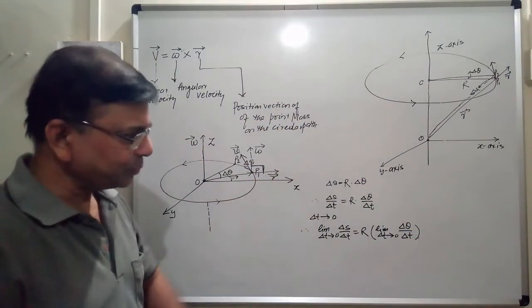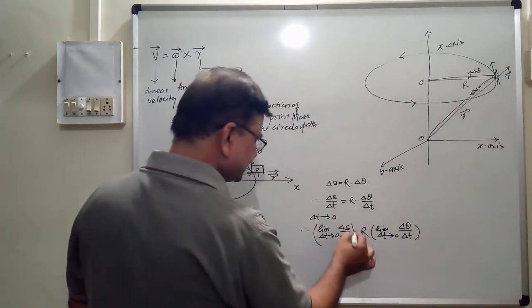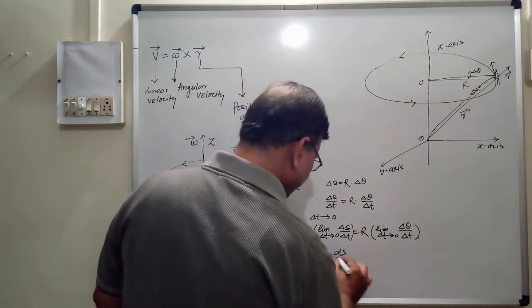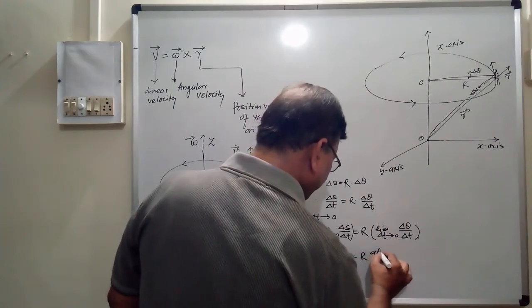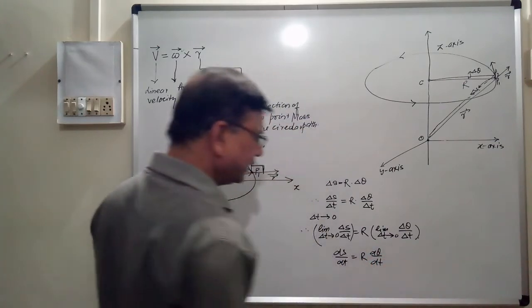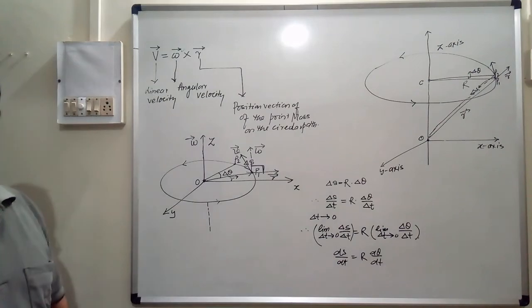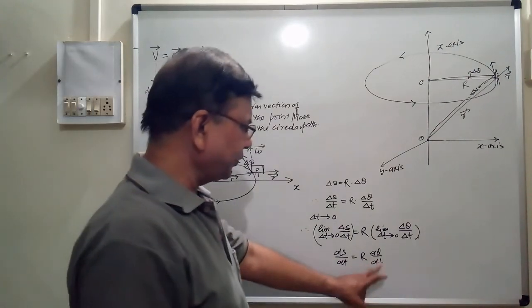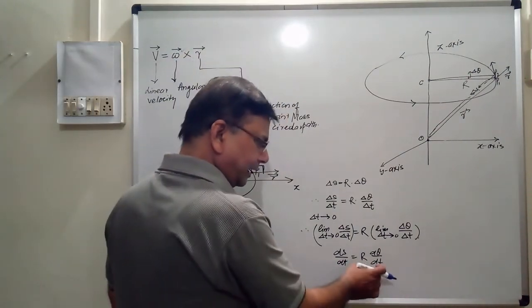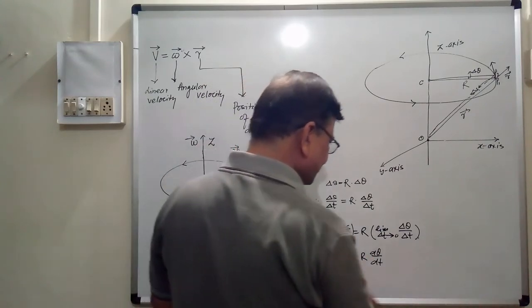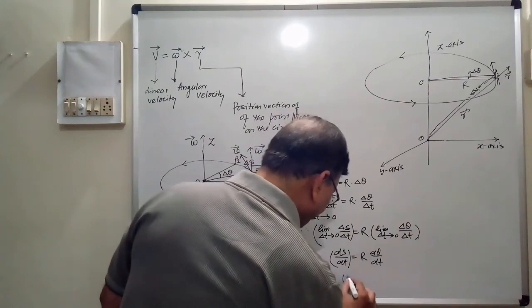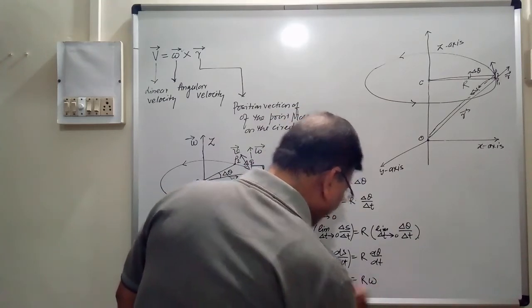Since delta t is approaching 0, this becomes ds upon dt is equal to R d theta upon dt. As we know, d theta upon dt is angular velocity, this is linear velocity, this is v, therefore v is equal to R omega.